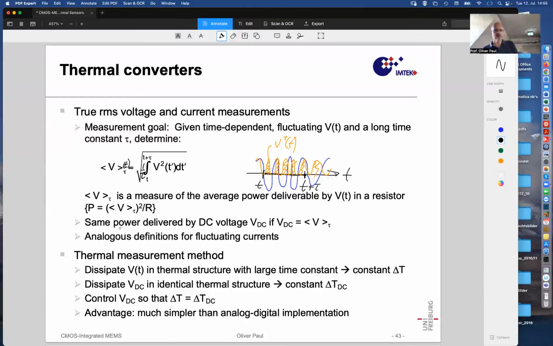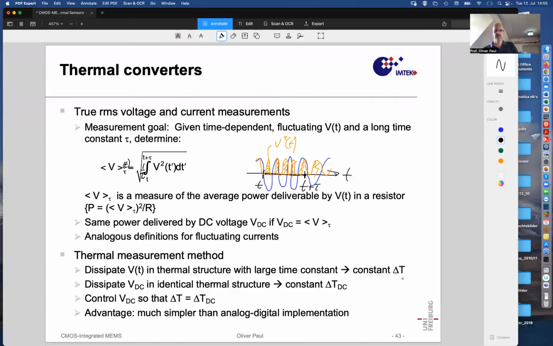And so rather than integrating with precision, summing up squared numbers and so on, what one does is one dissipates V of t in a thermal structure with a thermal time constant.